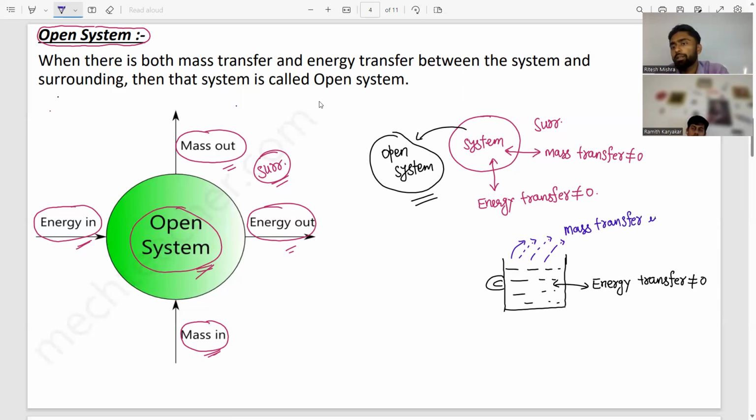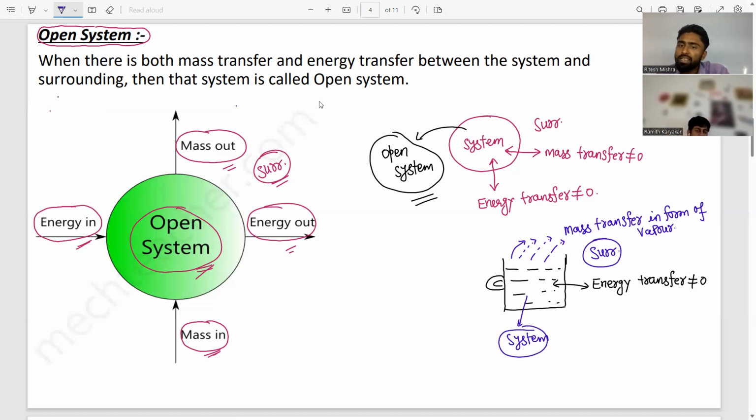This is your surrounding, and this is your system. From the system, mass is transferred to the surrounding and energy also transfers. So this type of system is called an open system.